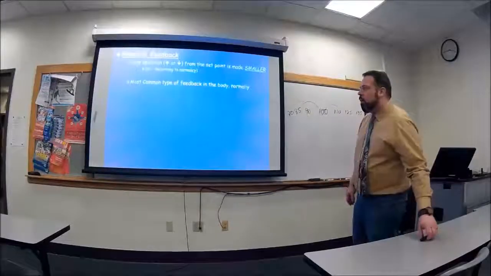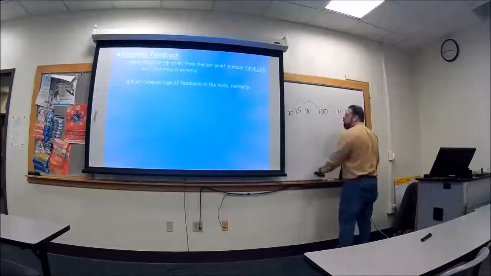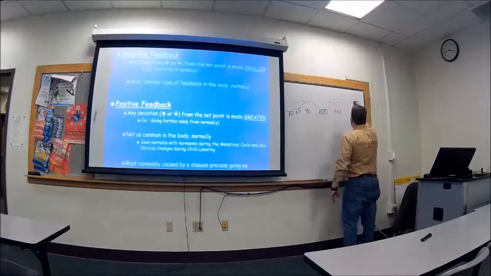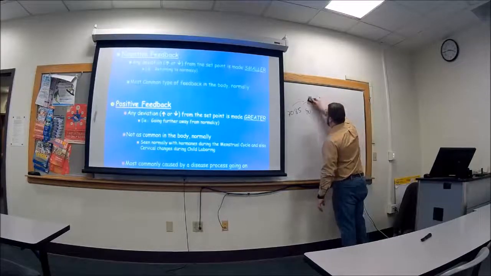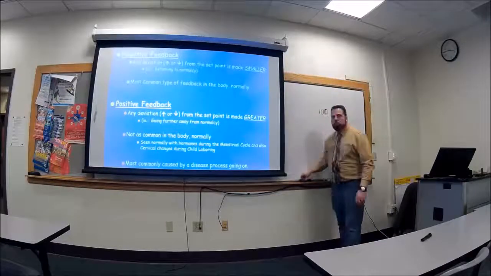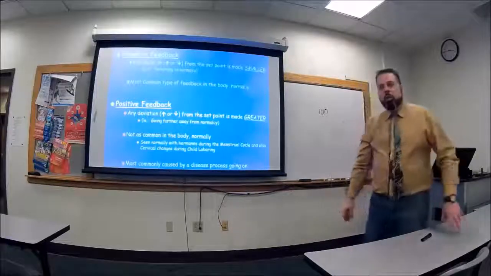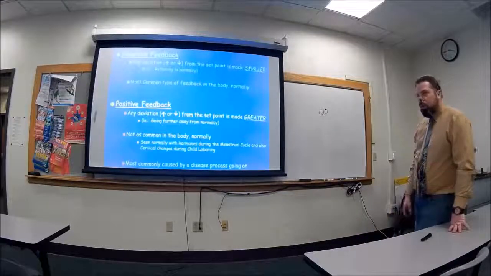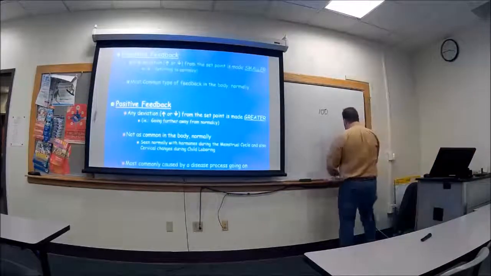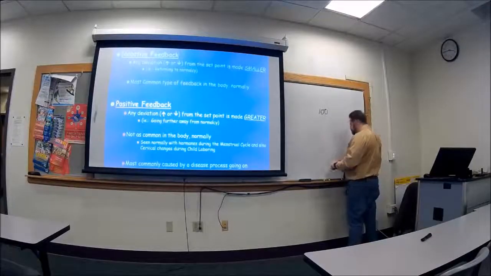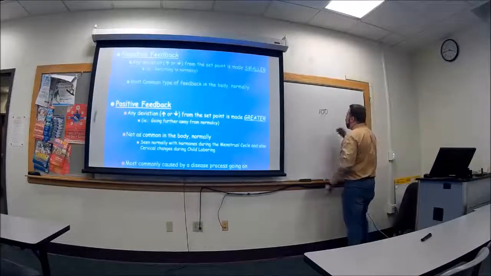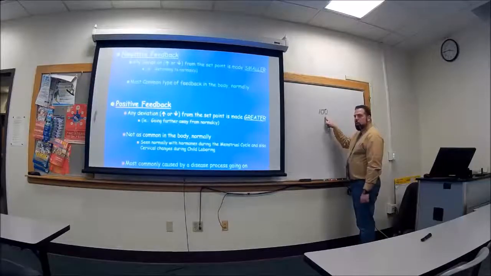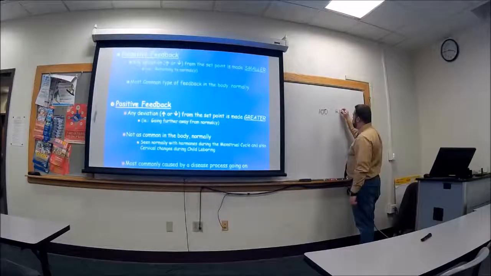But then we also have positive feedback. Positive feedback is not something that usually is a normal thing. There are some instances where it is, though. Let me show you what it is first, and I'll give you some instances where it's normal. Here's your blood sugar. It's supposed to be 100. Now it's 120.